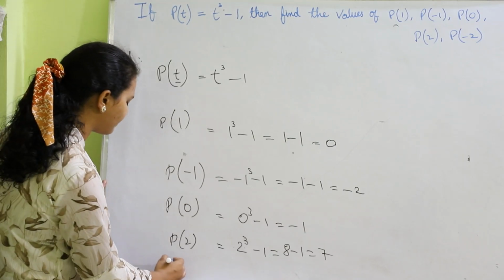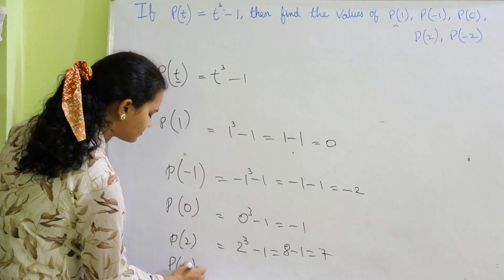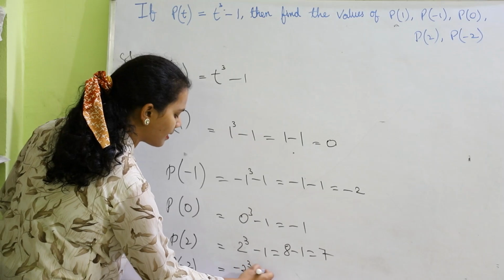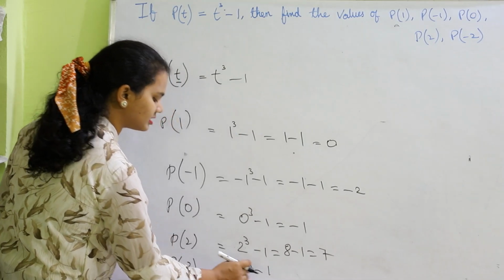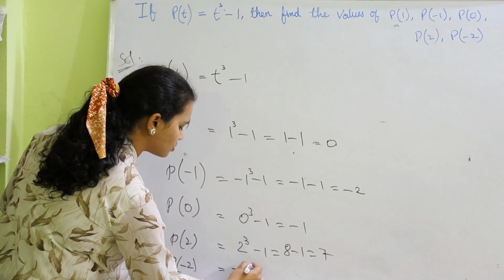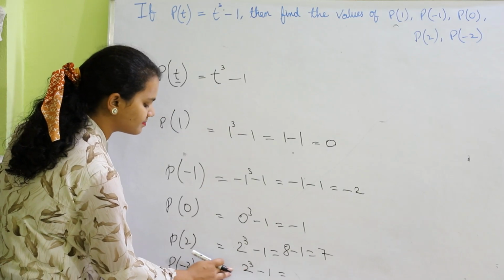Now let's go for the next one where P of minus 2, which is equals to minus 2 cube minus 1. Is it clear? Wait a minute. So this is equal to minus 2 cube minus 1, which is equal to minus 2 cube, guys.